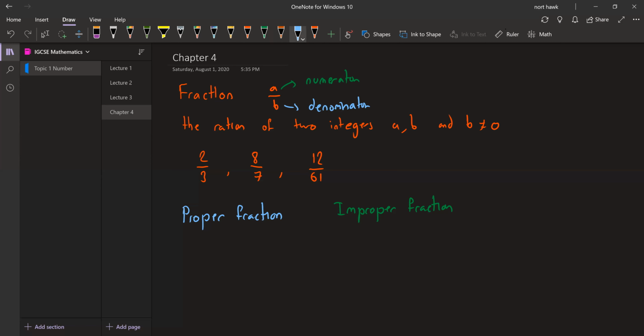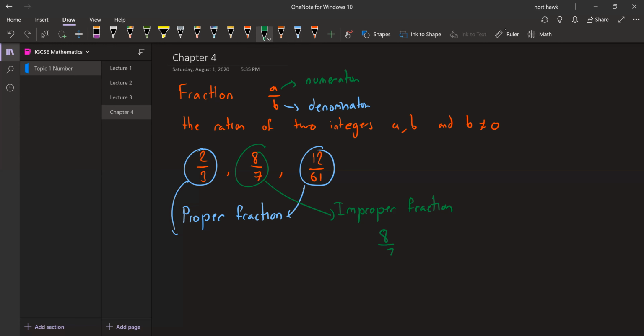A proper fraction is a fraction that has numerator less than its denominator. For example, 2 over 3 is a proper fraction. 12 over 61 is a proper fraction. 8 over 7 is an improper fraction because the numerator 8 is more than 7.